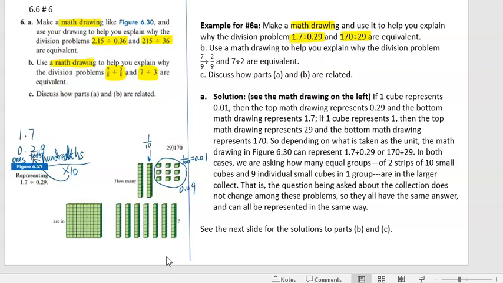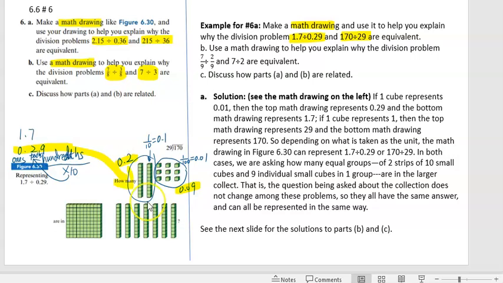So each of these long blocks of cubes, that's 0.1. Because we have 2 of these, they represent 0.2. Putting them together, that gives us exactly 0.29. So that's 0.2, that's 0.09, so together it's 0.29. So that drawing here demonstrates the second number, 0.29.